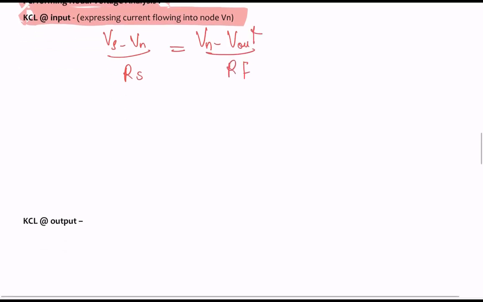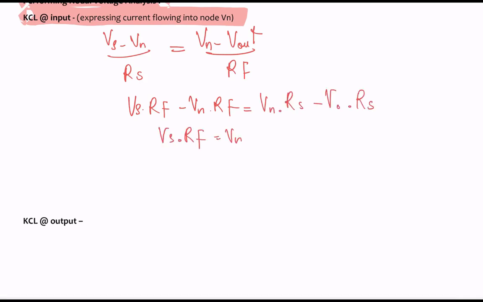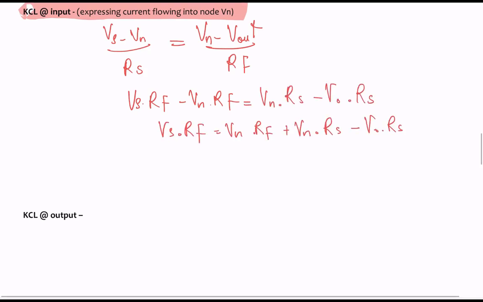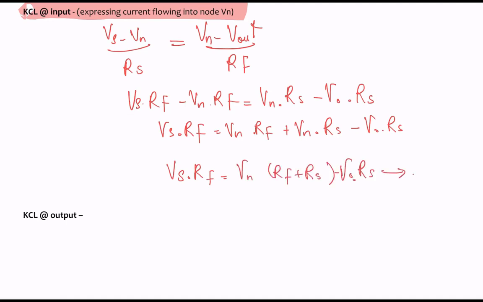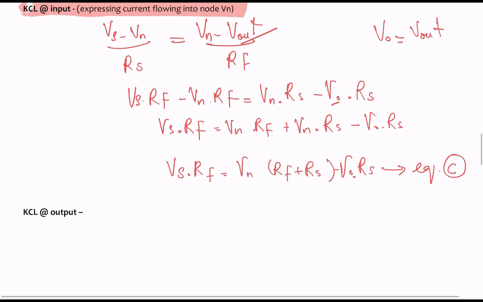I'm going to do some cross multiplication and simplify this expression. I'm going to label it as equation C. Remember, VO equals V out; they are the same thing. I just wanted to keep it small. So we have this equation right here.